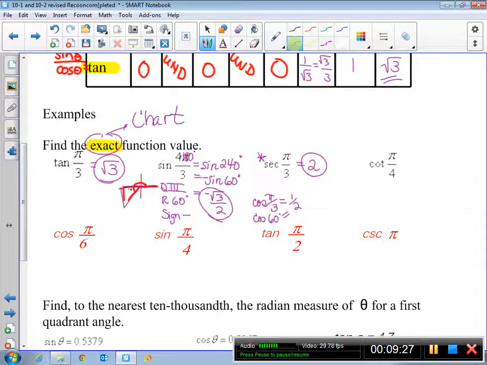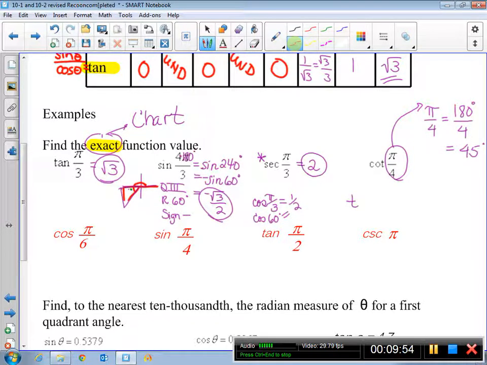Here's another reciprocal function, cotangent. Let's see, pi over 4 is in our chart. That's 45 degrees. Again, if you're more comfortable with degrees, then you're going to be doing some extra work figuring out that that's 45 degrees. That's okay as long as you're pretty quick.